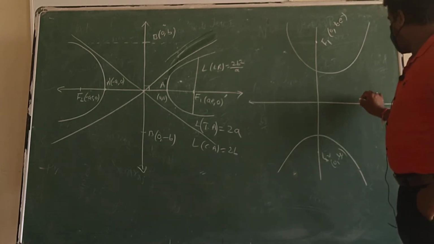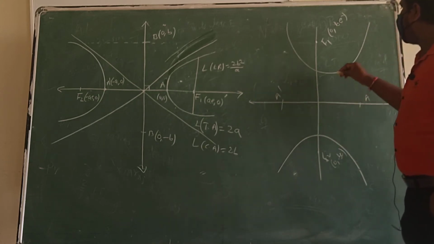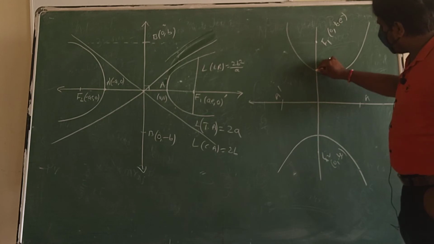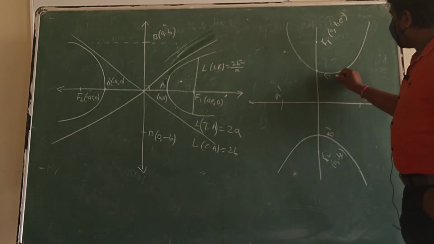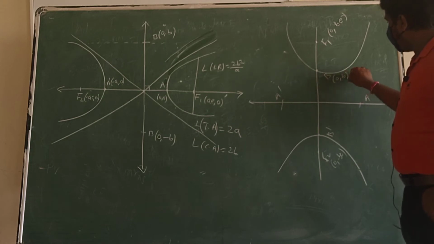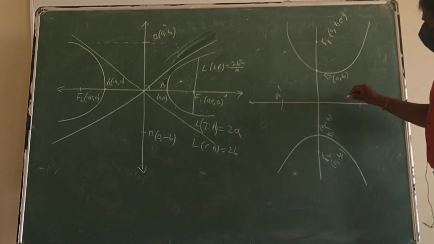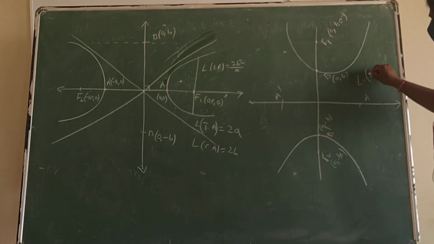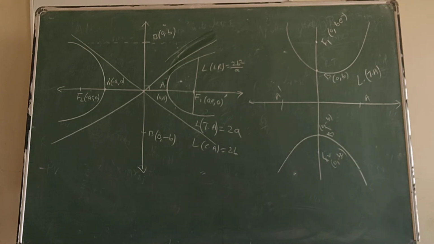Here this is A, this is A dash, and this is the B point, this is the B dash point, (0, b) and (0, -b).